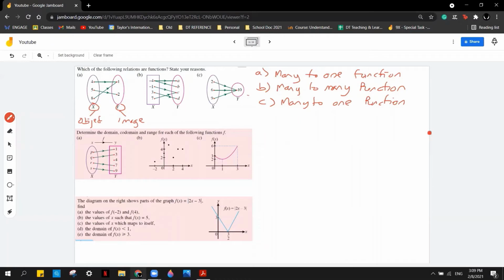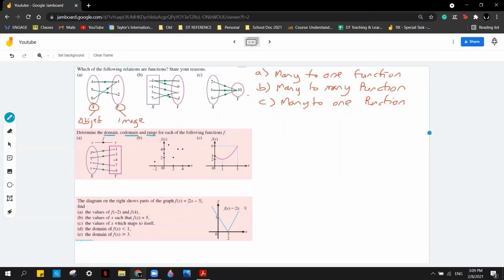As we already clearly established, x is the object, y is the image. Always take note, object will point at the image for a normal function. But let's identify the core components here. The question is asking for the domain, codomain, and range.